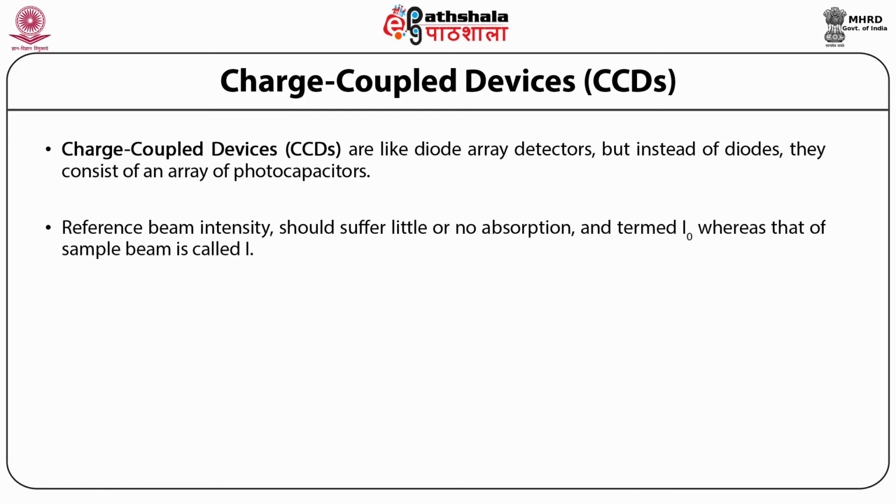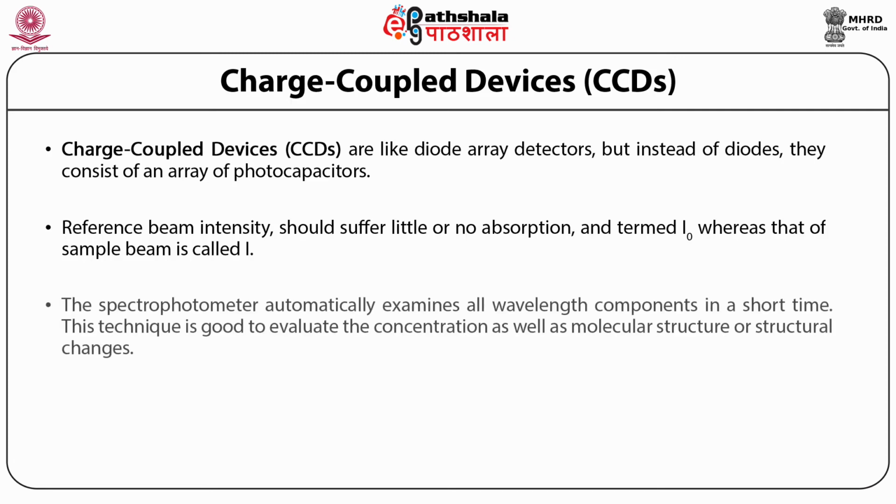Reference beam intensity should suffer little or no absorption and is termed I naught, whereas that of the sample beam is called I. So the spectrophotometer automatically examines all wavelength components in a short time.